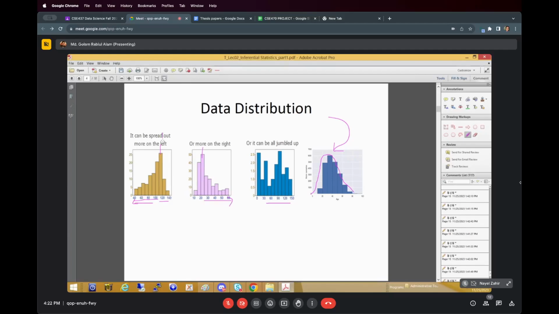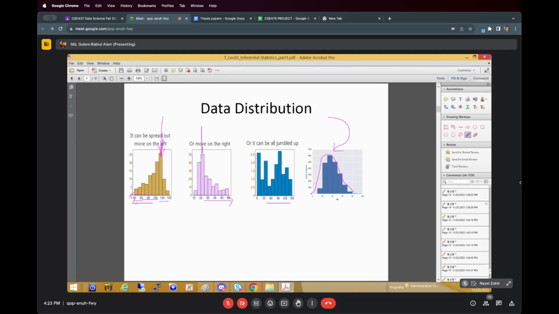In this plot, we can see that most of the data is in this bin, and on the left side it is spread out. So this distribution we can say is spread on the left.